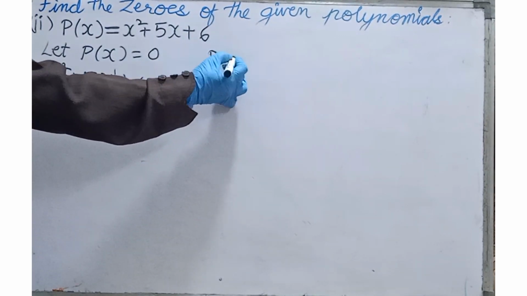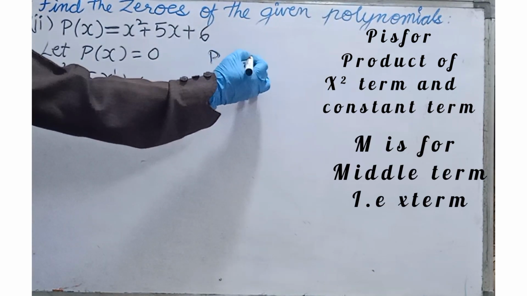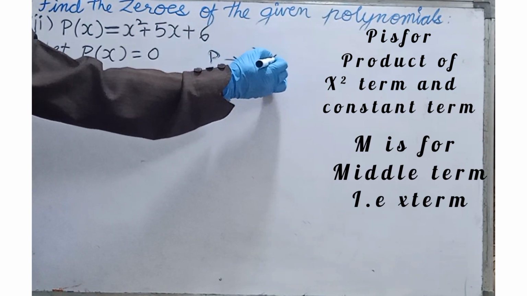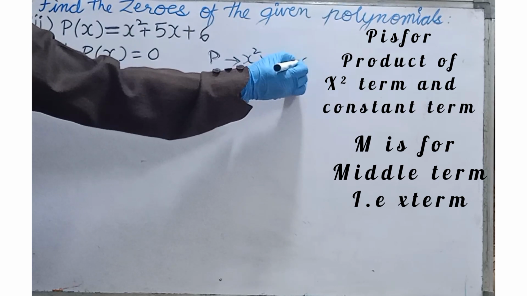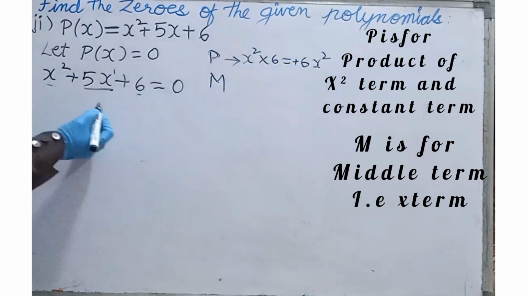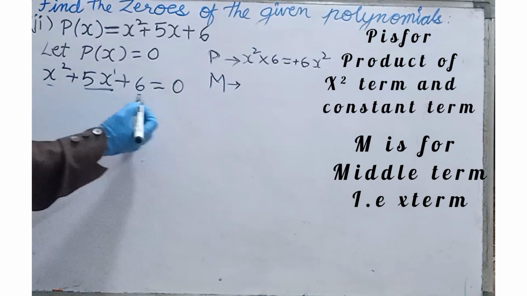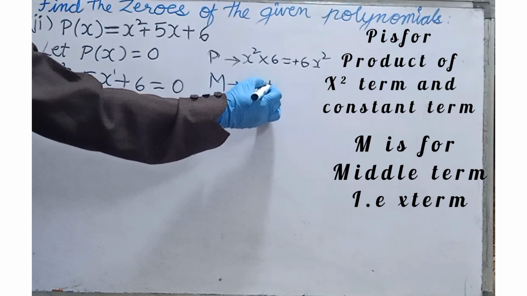Okay, so whatever product you will get, that is x square into 6. x square into 6 is equal to 6x square. Sign will be plus since you have plus here. Then the middle term you copy as it is along with sign, plus 5x.